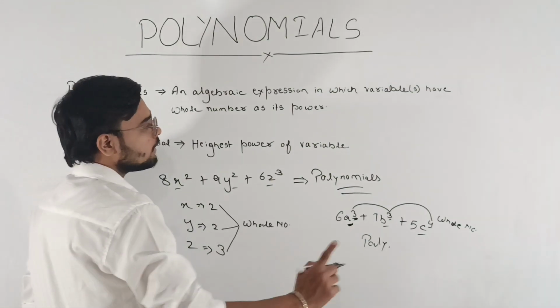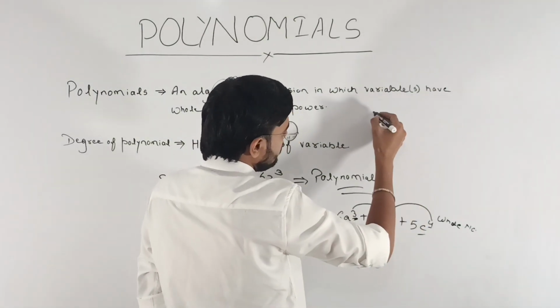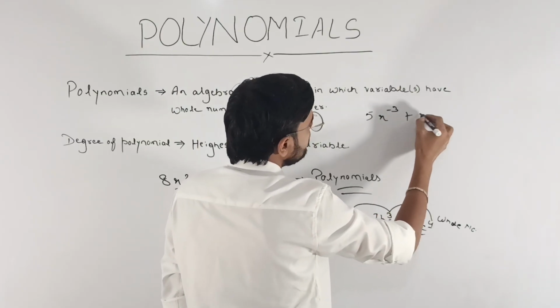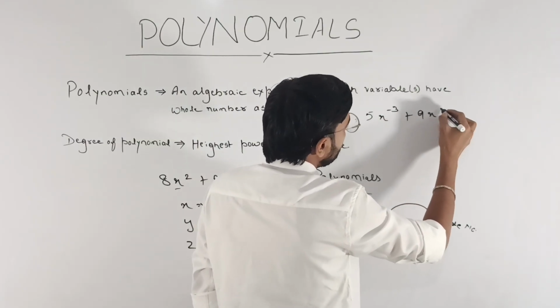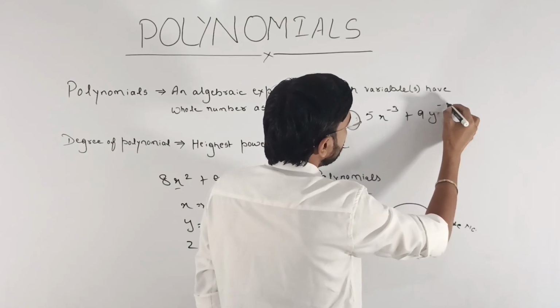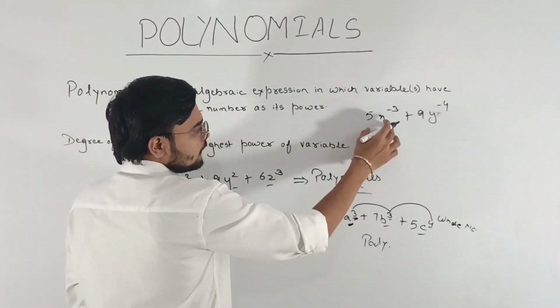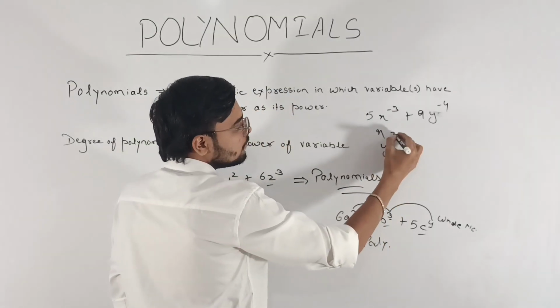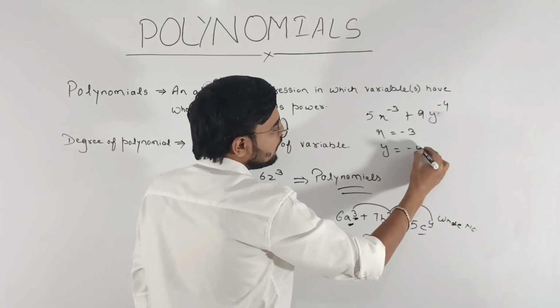Okay? Now let's take more example. Suppose your algebraic expression look like 5x to the power minus 3 plus 9y to the power minus 4. Now look, the variable of this algebraic expression is x and y, and power of x is minus 3 and power of y is minus 4.